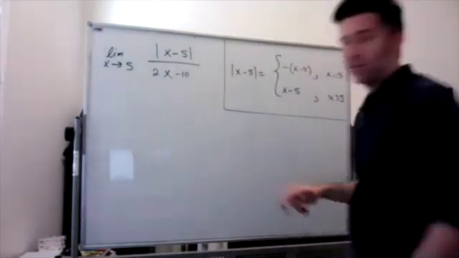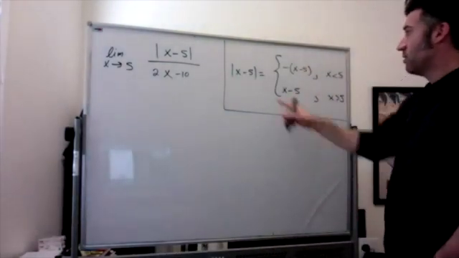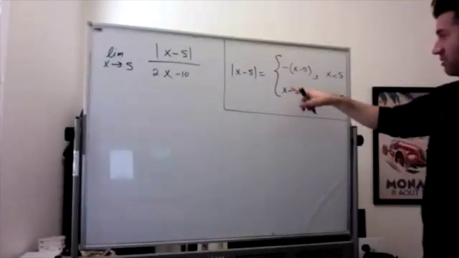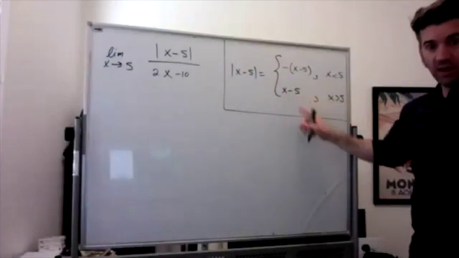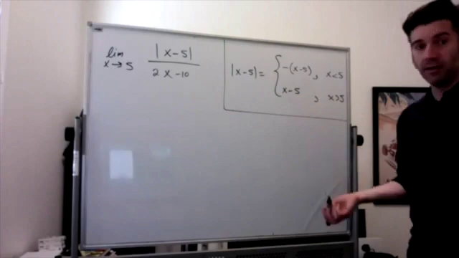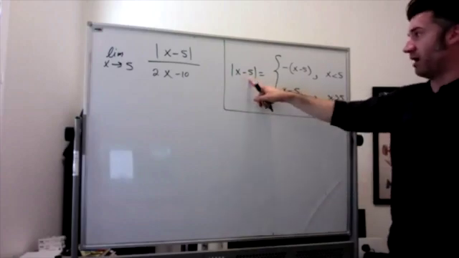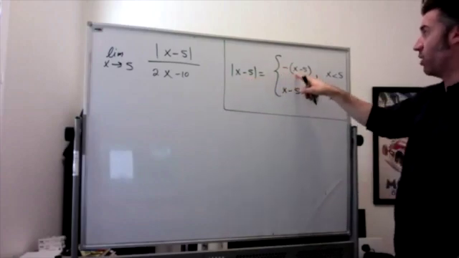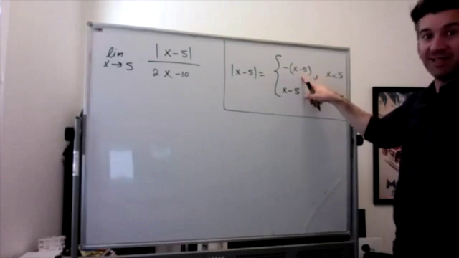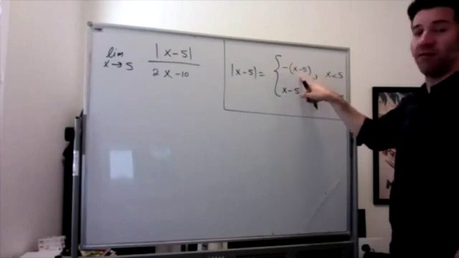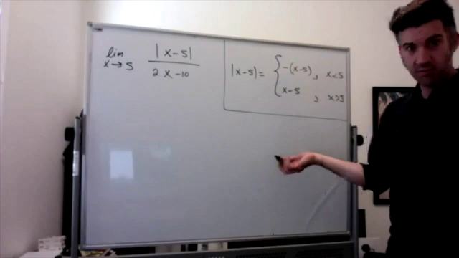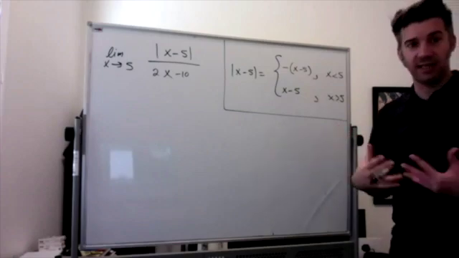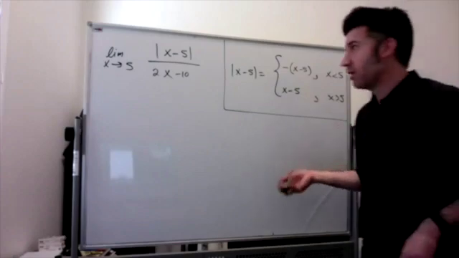So for example, if x was 7, the absolute value of 7 minus 5 is 7 minus 5, which is 2. If x was 1, the absolute value of 1 minus 5 is the negative of 1 minus 5. 1 minus 5 is negative 4. Negative of negative 4 is positive 4. So an absolute value always takes the insides and turns it positive, no matter what it is.